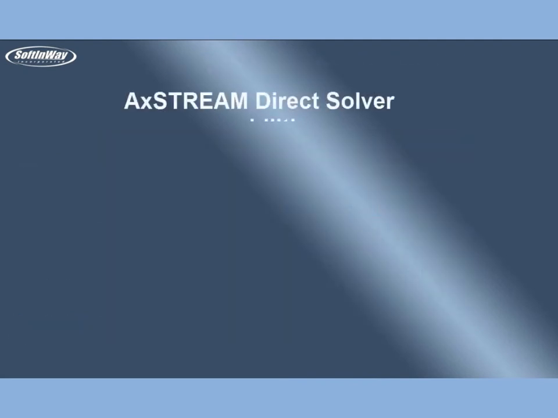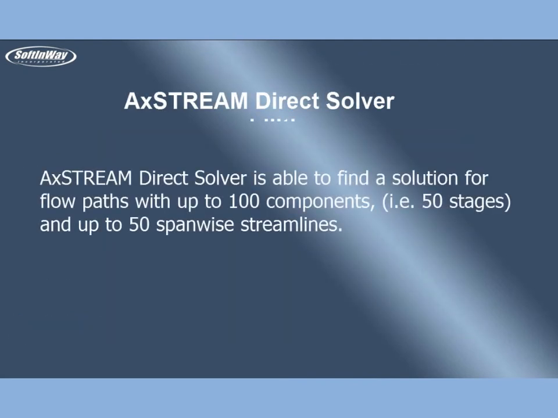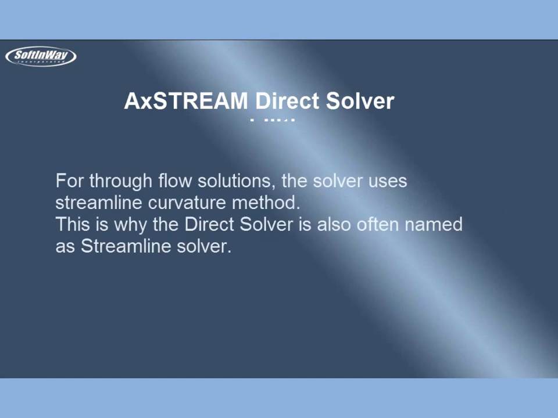Due to its proprietary effective realization, the AxSTREAM Direct Solver is able to find a solution for flow paths with up to 100 components, that is 50 stages, and up to 50 span-wise streamlines. For through-flow solutions, the solver uses the streamline curvature method. This is why the direct solver is also often named the streamline solver.